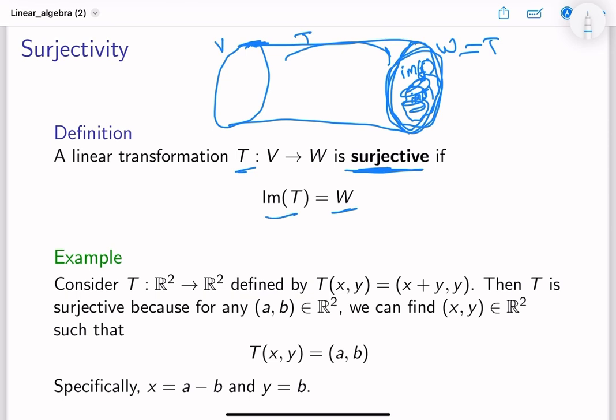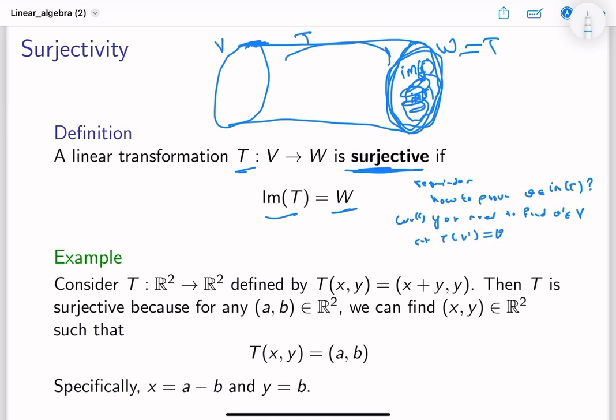Reminder: how to prove a vector v is in the image of T. You need to find a vector v prime in V such that T of v prime is equal to v.